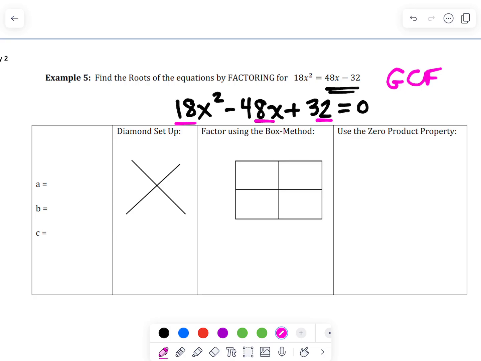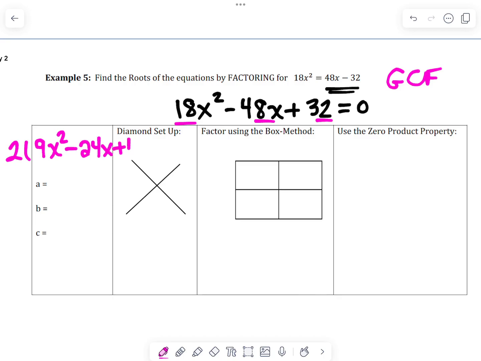So we can take out a 2 from all of the terms. So we're left with 9x squared minus 24x plus 16.